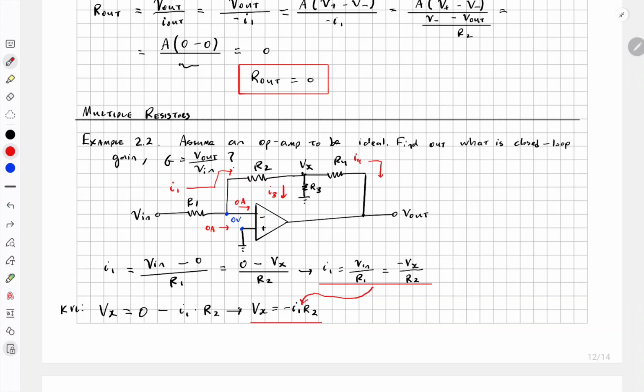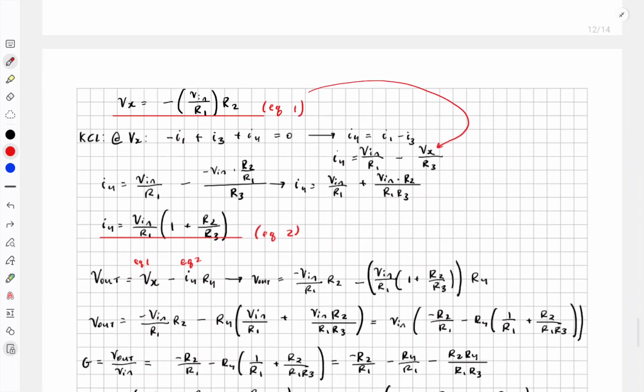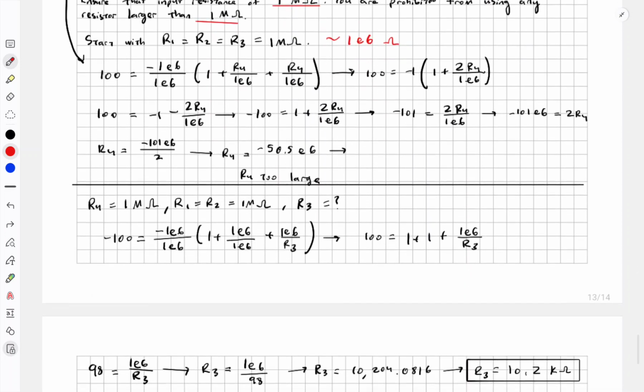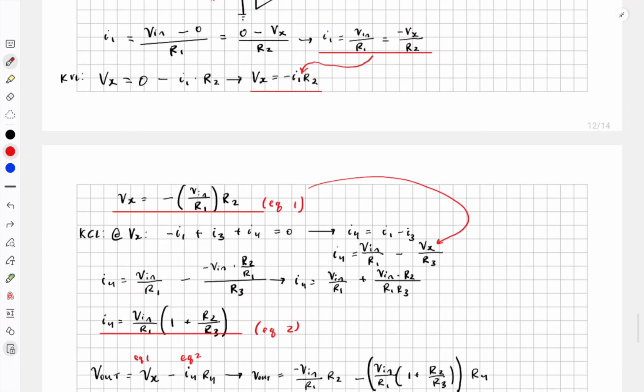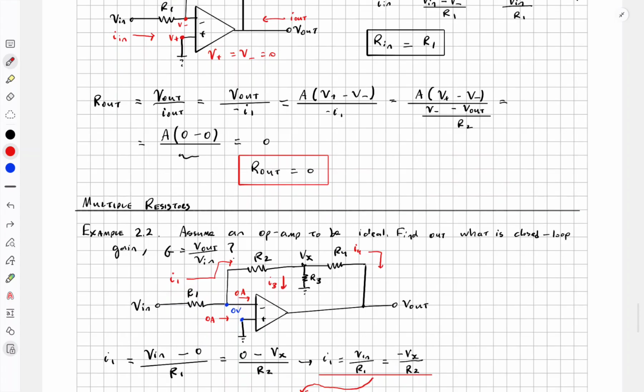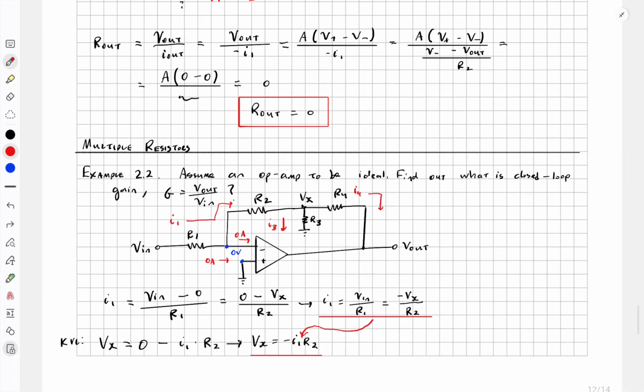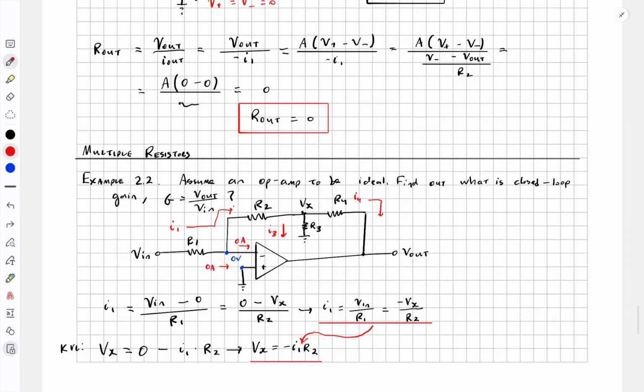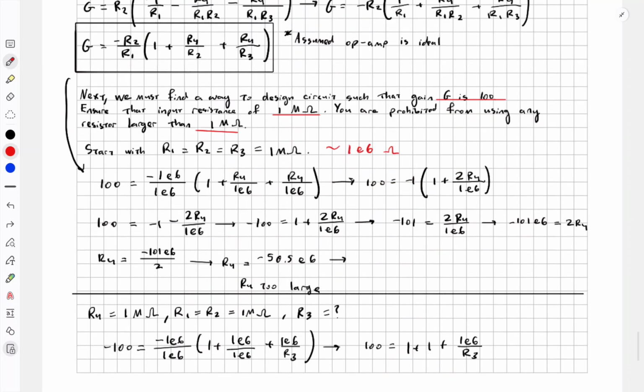So let's take advantage of this approximation where we say that R2 and R3 are in parallel, so therefore I1 is essentially the same thing as I3. So you can see that I3 is equal to Vx minus 0 divided by R3. Let's write that down.